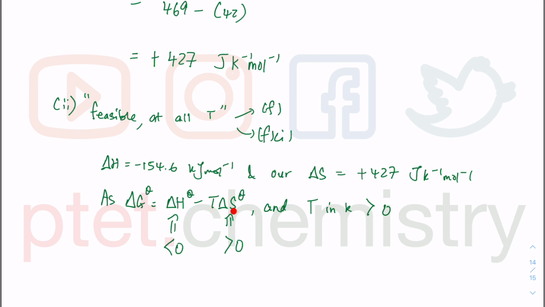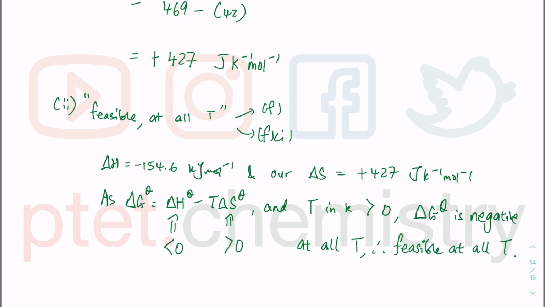Greater than 0 times greater than 0 is going to be positive, minus positive will be negative, and this is already negative, so negative and negative, delta G is negative at all temperatures, therefore feasible at all temperatures.